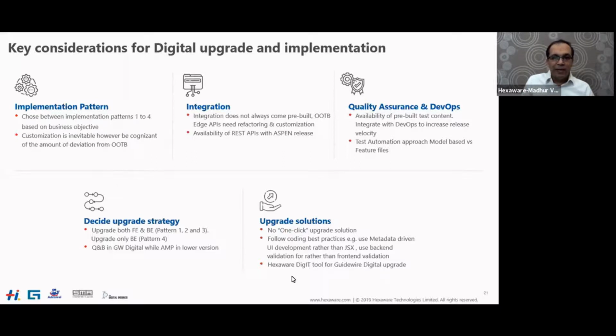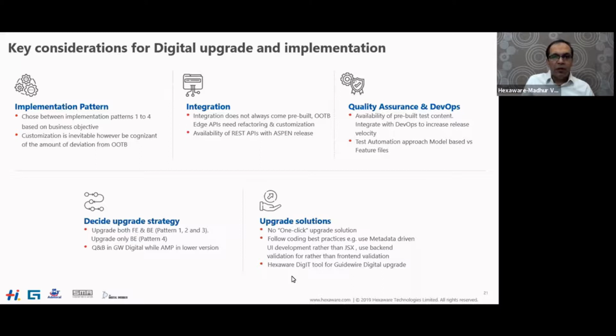One should also look at integrating or building the DevOps pipeline for digital so that the release velocity increases, right? And the test automation suite that is developed needs to be integrated with DevOps so that you don't end up doing all of the coding and then wait for regression testing to get over before the product is released, right?